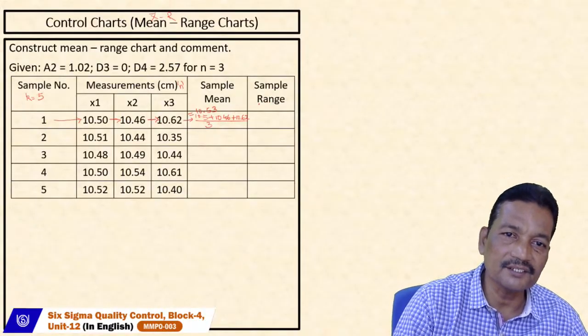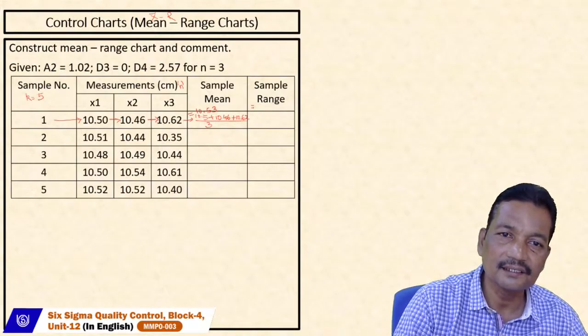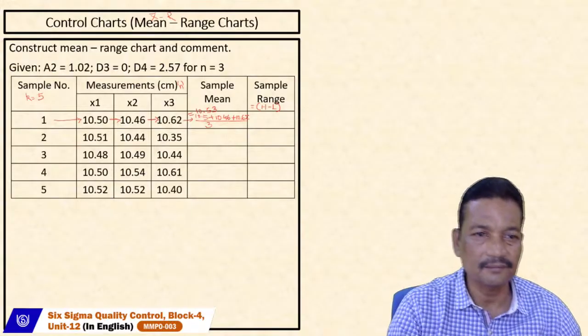Now sample range. What is this range? The range is the difference between the highest and the lowest value in the sample.